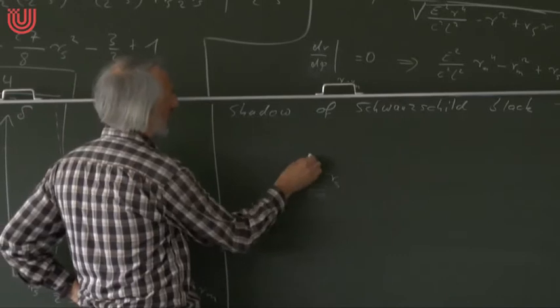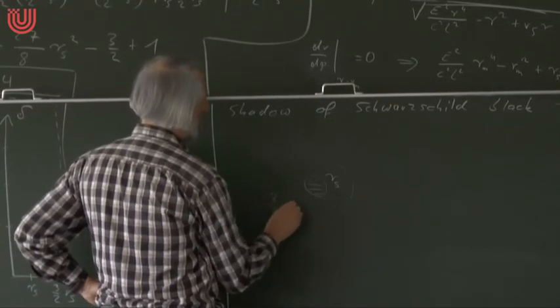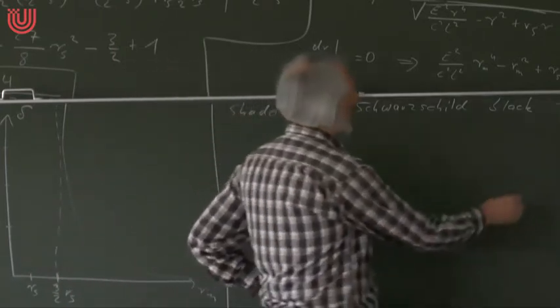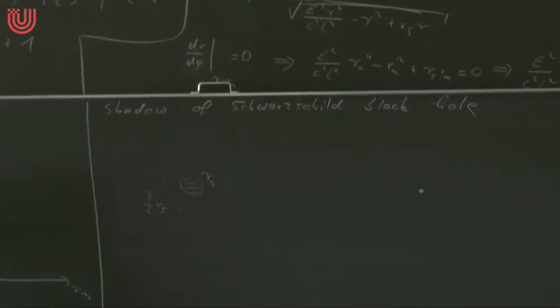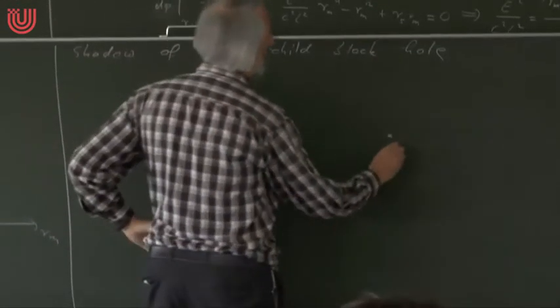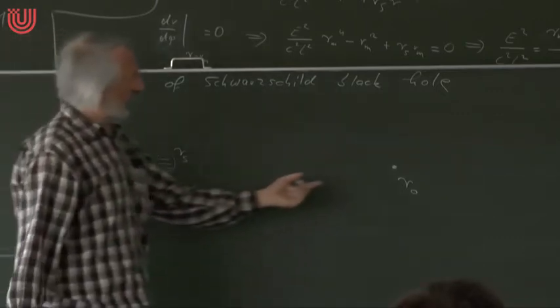Then we have the light sphere at 3/2 Rs. And now I assume that I'm an observer situated at a certain radius coordinate Rho, at a certain distance, certainly not inside the black hole, in the exterior region, of course. And the question is, in which way does this observer see the black hole?